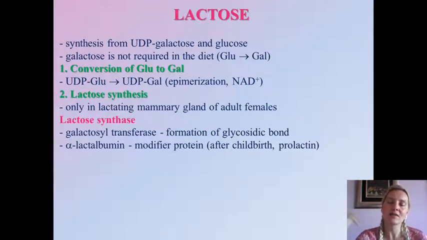The second domain is a modifier protein, alpha-lactalbumin, which is synthesized immediately after childbirth upon the action and signaling of the prolactin hormone. So in the absence of prolactin, this protein is not going to be synthesized, and the lactose synthase activity is going to be inhibited.